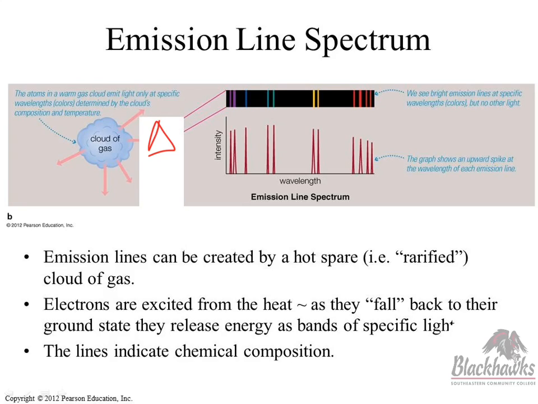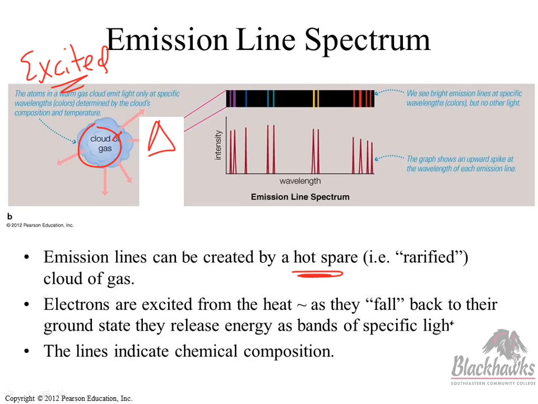So here, we have a cloud of gas that is oozing energy. But like this says, this cloud of gas can only ooze energy because it was excited. Those electrons were somehow excited, and then they could fall back down and give us the spectrum.